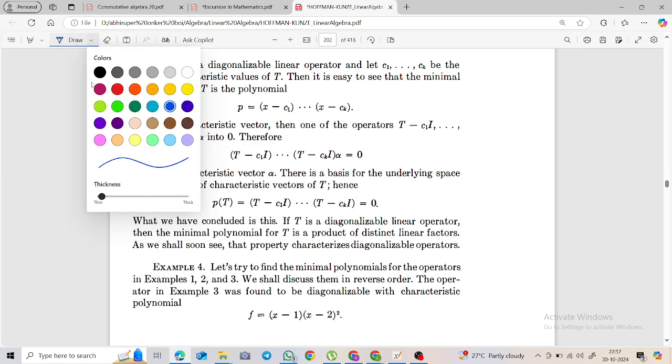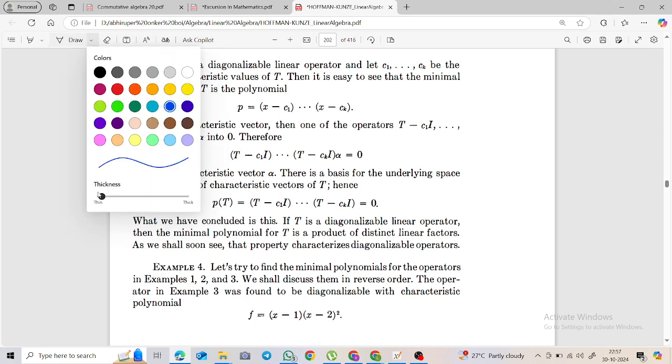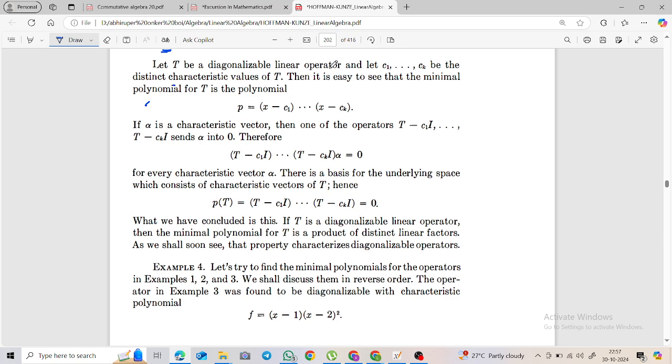The assumption is that T is a diagonalizable linear operator and C1 to Ck are distinct characteristic values of T. Then it is easy to see that the minimal polynomial P is (x minus C1) to (x minus Ck). That is, the minimal polynomial of a diagonalizable operator splits into linear factors. See, these are linear factors.